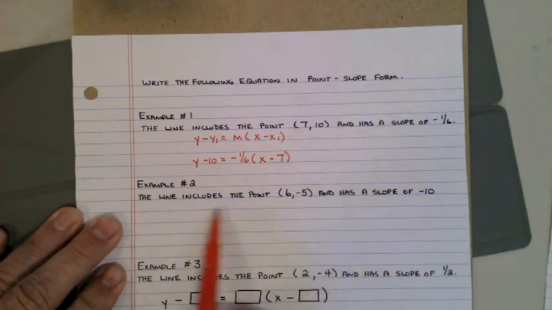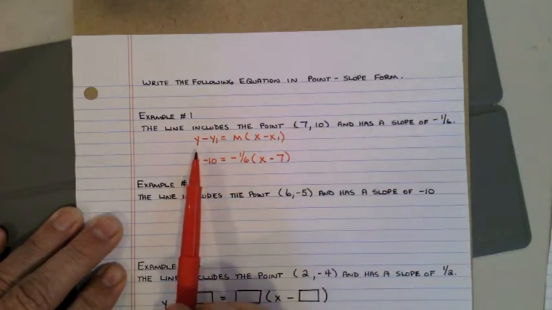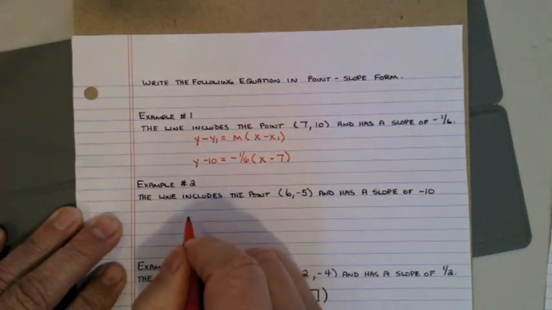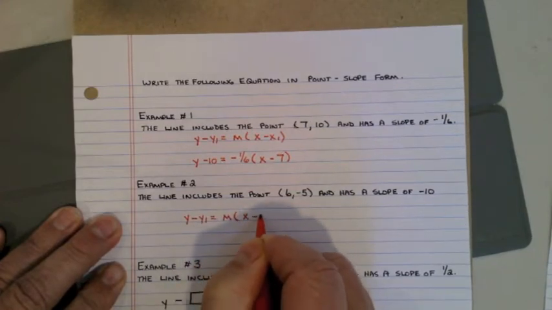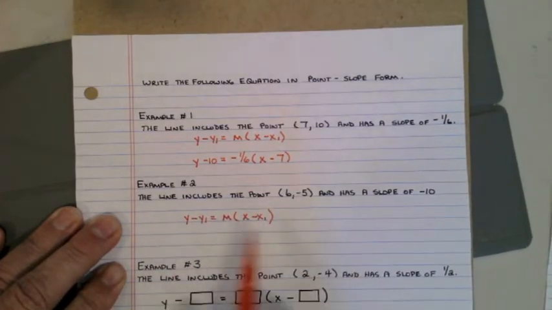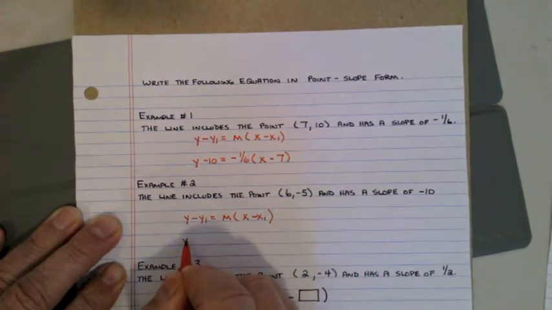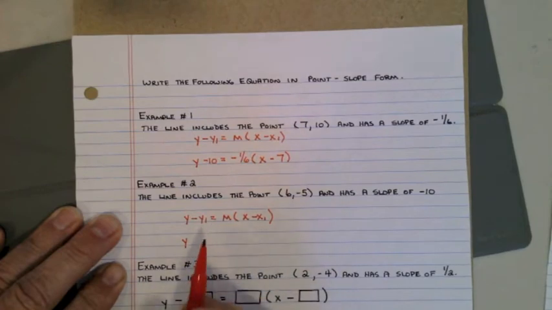They want us to take this information in example 2 and write it in point-slope form. So again, the formula is y - y1 = m(x - x1). And I simply take this information and plug it in there. This is y, because I need a y in the equation. I need the opposite of my y coordinate.